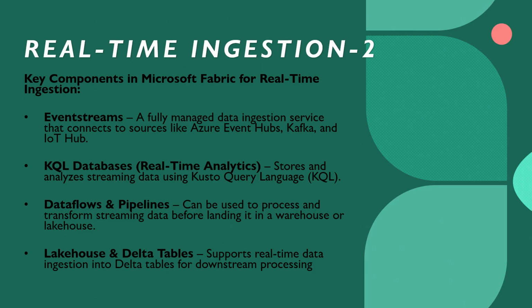Then we have dataflows and pipelines that can also be used for transforming the streaming data before landing it into a warehouse or a lakehouse. Then we have lakehouse and delta tables, which support real-time data ingestion into delta tables for downstream processing. These are some of the components that ideally fit in the real-time ingestion scenario within Microsoft Fabric.